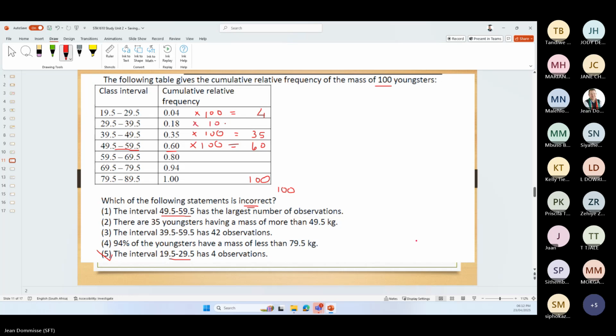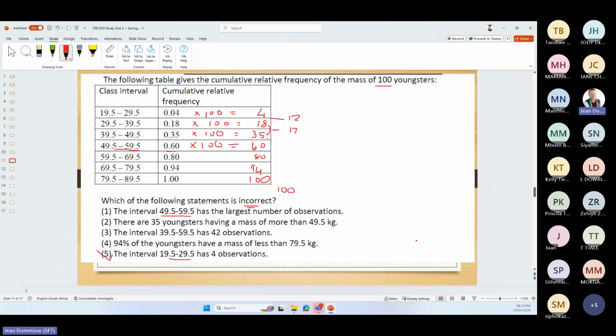So let's quickly do that. So that gives me 80. That gives me 94. Okay, so now we can see from 4 to 18, we added 12. From 18 to 35, we added 17.